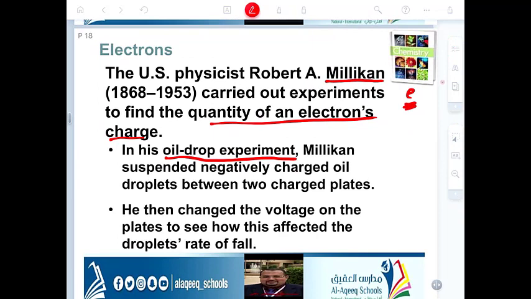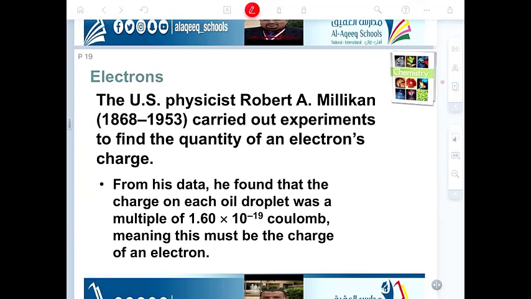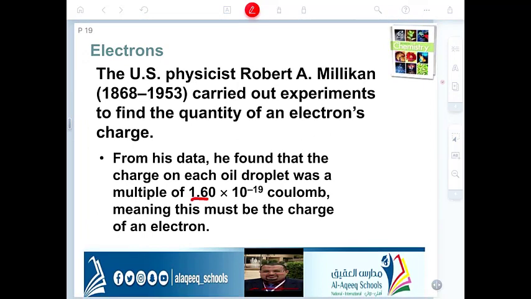From those, he measured the charge of the electron that Thomson couldn't do. Okay. From this conclusion, this is the value of the charge from his experiment.